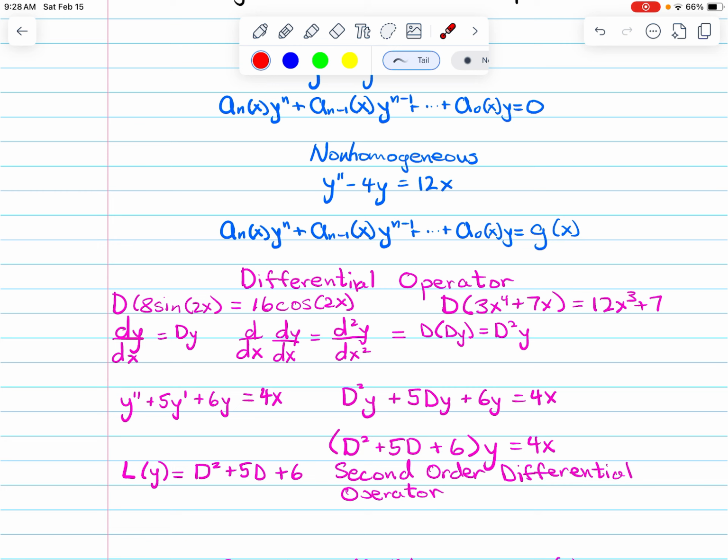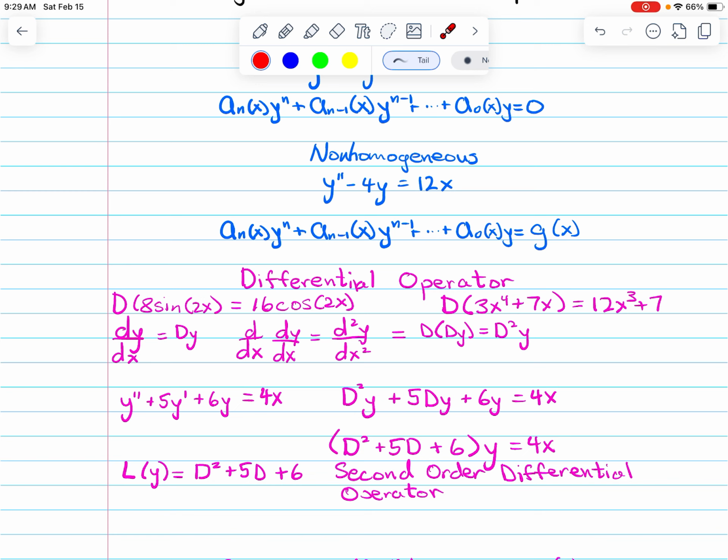And what you will do is derive this new function. So it transforms a differentiable function into another function. We send an 8 sine 2x in there, and it spits out a 16 cosine 2x.